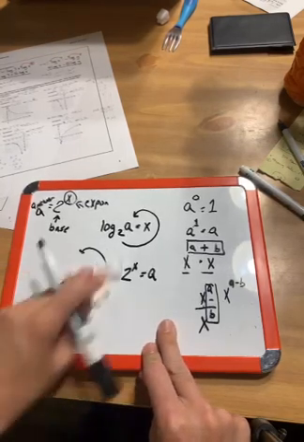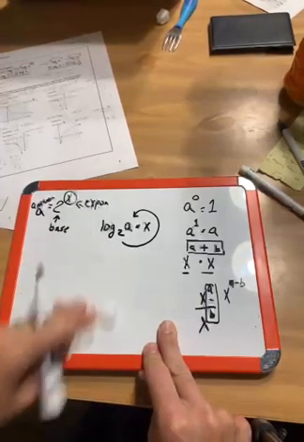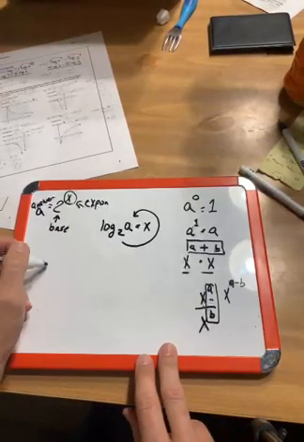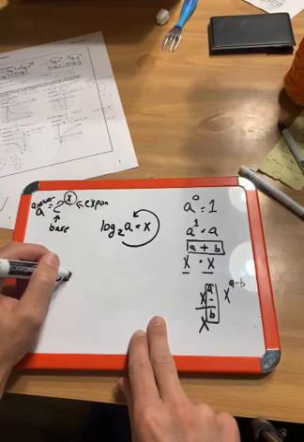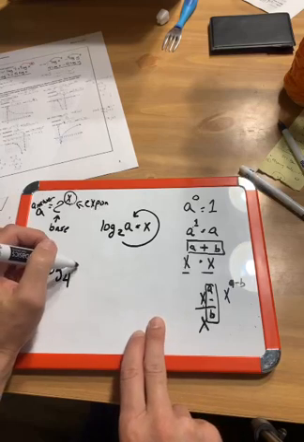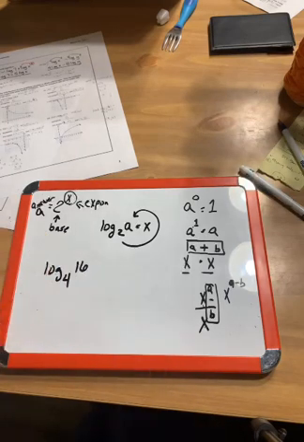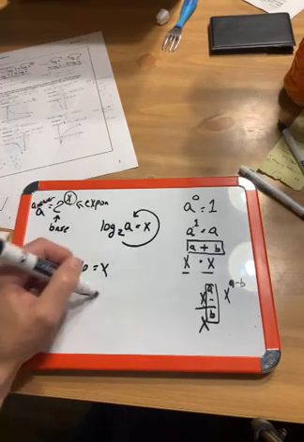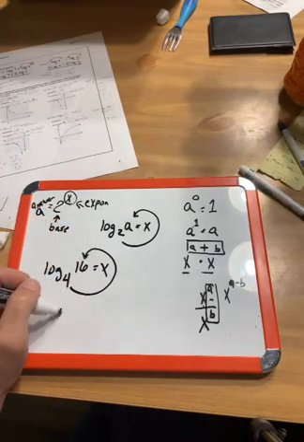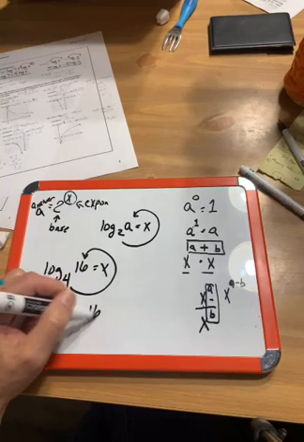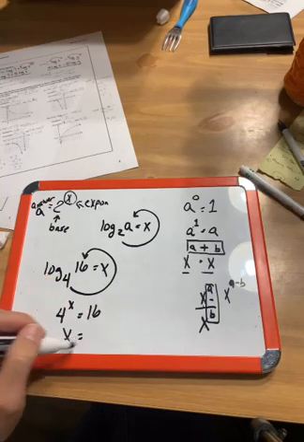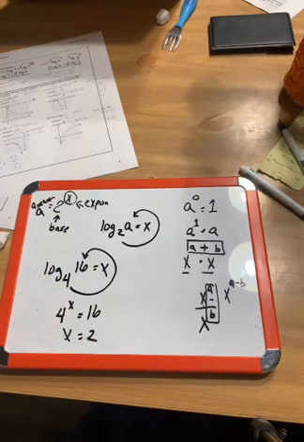Okay, I'm going to do one more that way. So log base 4 of 16 equals x. I would start at my 4. I'm going to circle around. 4 to the x equals 16. So x must be equal to 2.